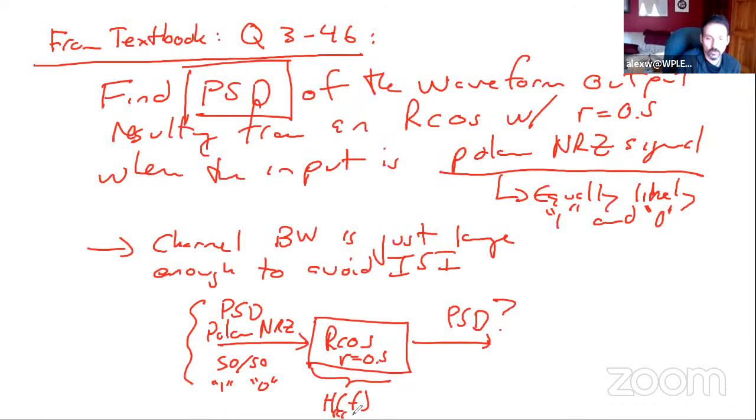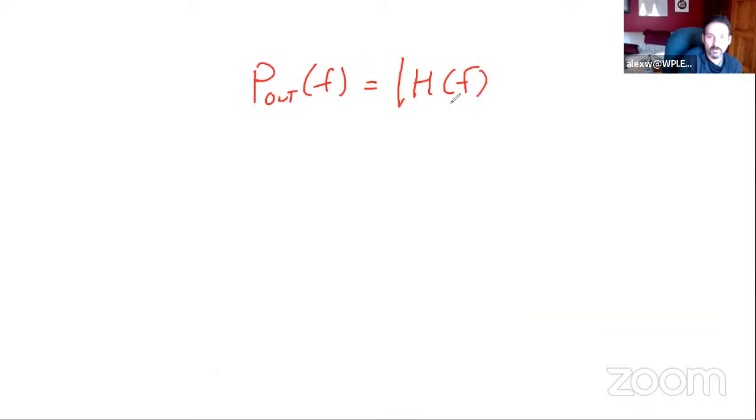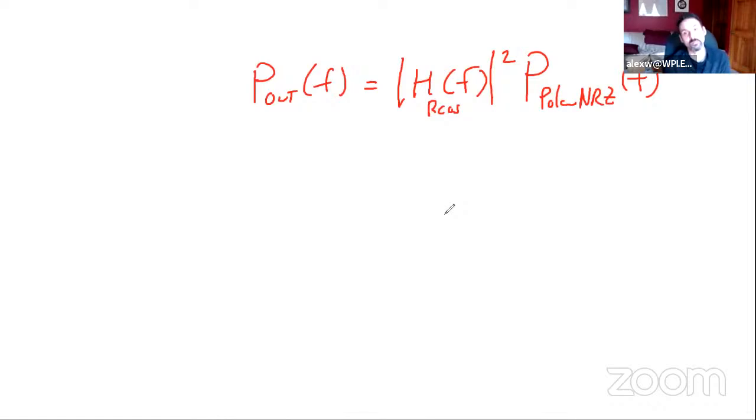I'm going to call it RCOS, right? It's going to be that RCOS magnitude squared times P polar NRZ of F. Okay, great. So there are a number of things we have to pay attention to here. So first of all, if you look in your course textbook, where is it?